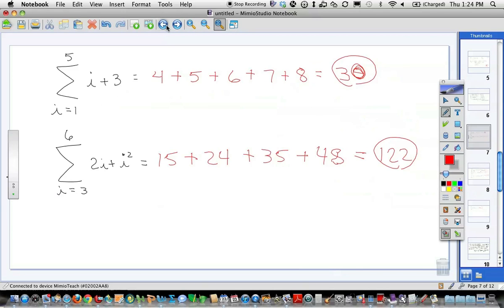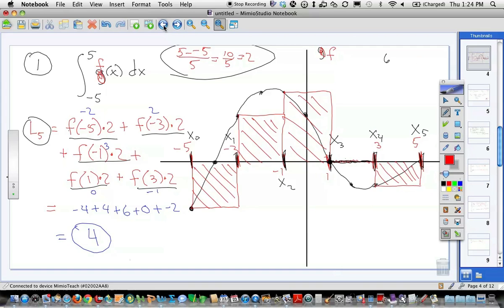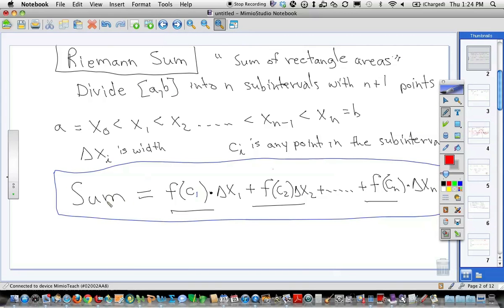So if we go back to the Riemann sum, this is how it all comes together. Here's our Riemann sum right here. So there's our first area, there's our second area, here's our nth area. How can I write the sigma for this? Well, let's see. Everyone has an f, every one of them has parentheses, everyone has a c, everyone has a delta x.